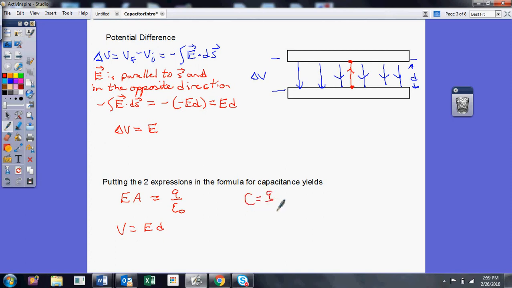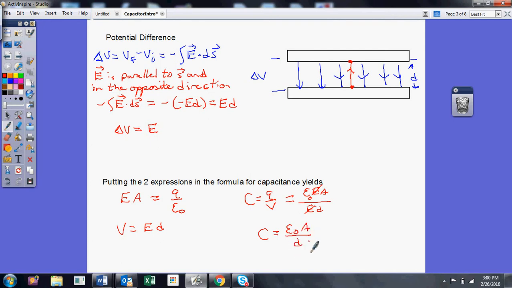Capacitance is equal to Q over V. So if I solve the first equation for Q, you get epsilon naught E times A. And for the voltage, we get E times D. And you can see the electric field cancels out, which is good because we don't really have a convenient way to measure that for a real capacitor. So C is equal to epsilon naught A over D.